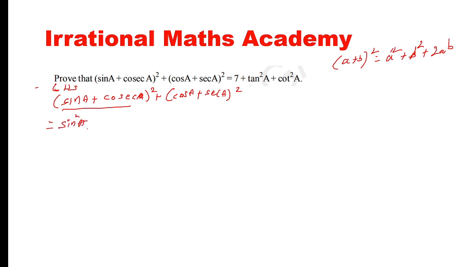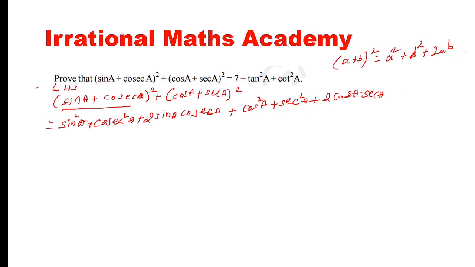Sin square A plus cosecant square A plus 2 sin A and cosecant A. Plus here also, cos A plus secant A whole square is there, so cos square A plus secant square A plus 2 cos A and secant A.